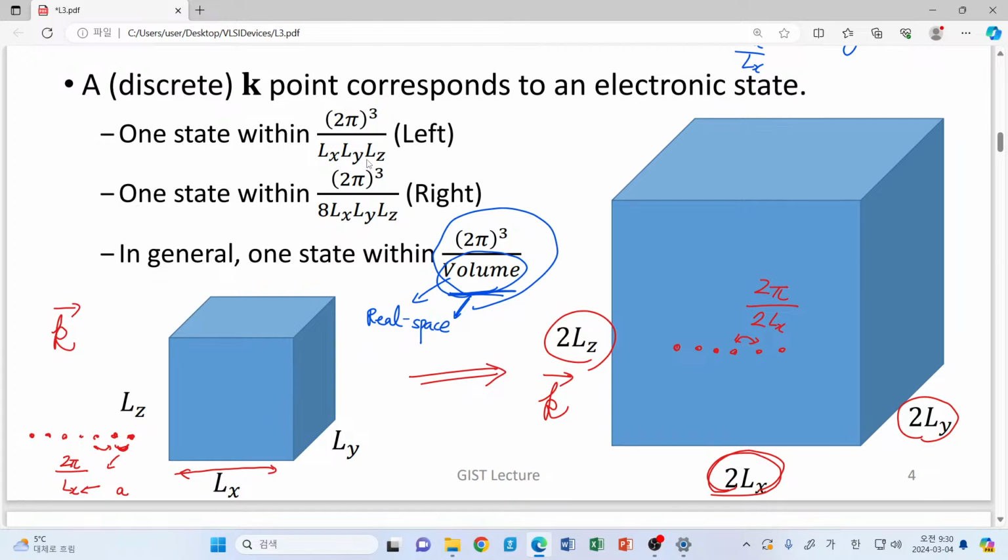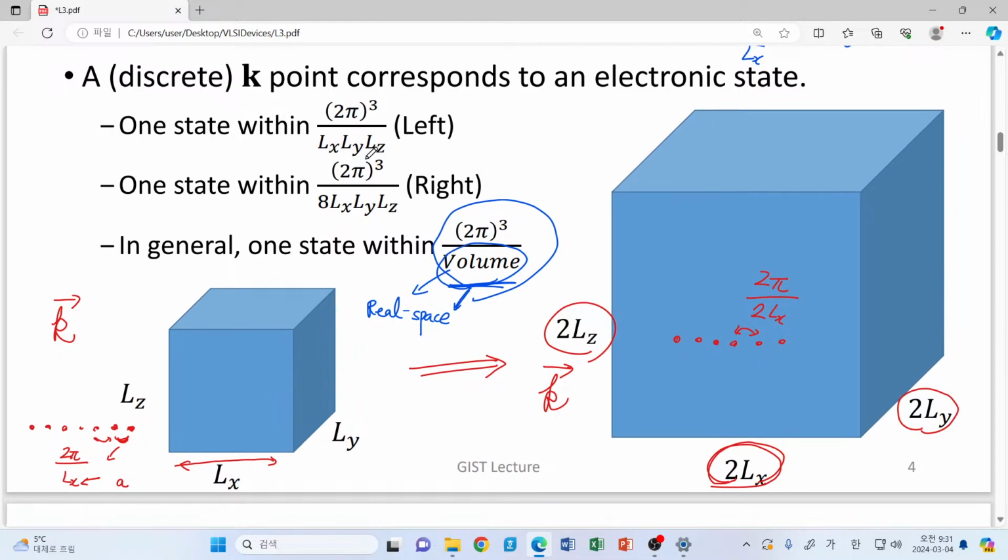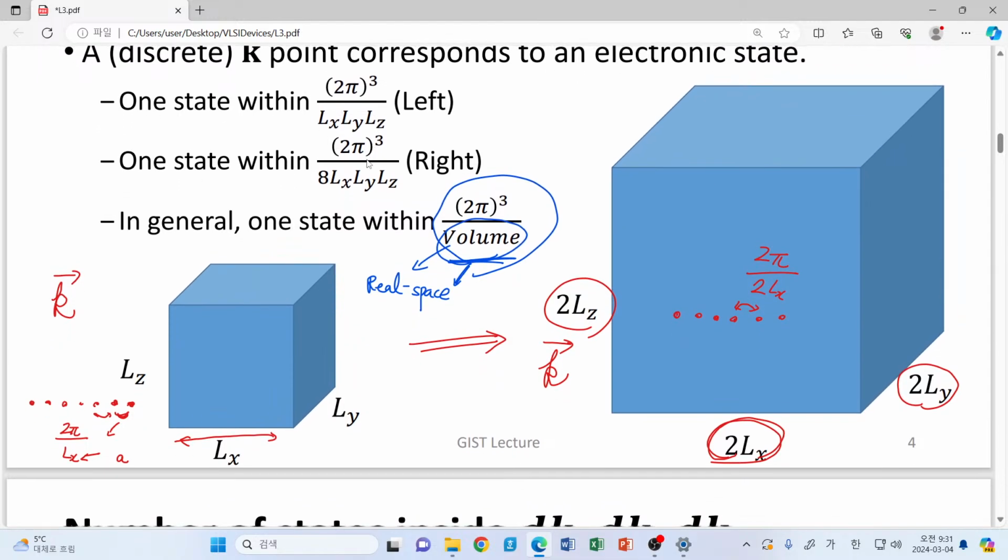For example, if we consider a 1 centimeter by 1 centimeter cube, then that will become just 1 cubic centimeter. Anyway, that is used as a normalization factor.